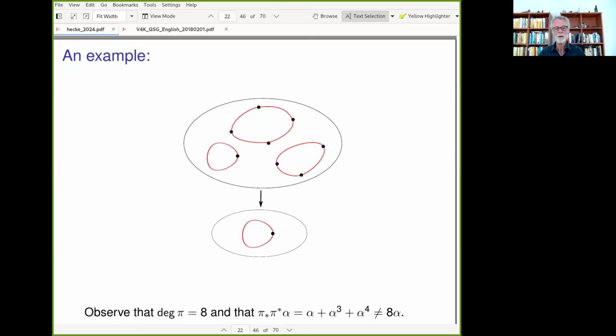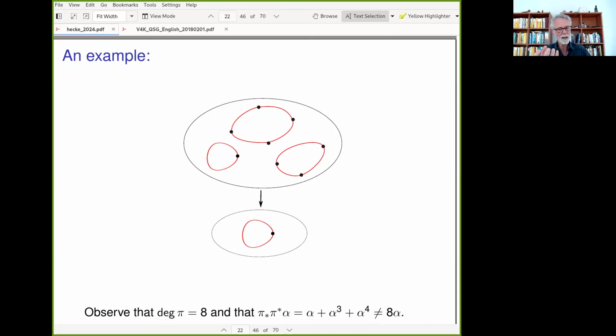It's interesting to note here that if you take pi upper star and then push these down, pi lower star, you get alpha plus alpha cubed plus alpha to the 4th, which is not 8 times lambda. So this is an important difference with what normally happens under correspondences.